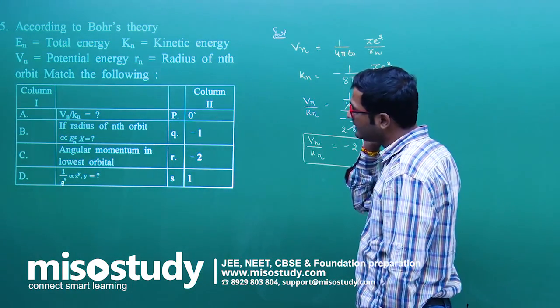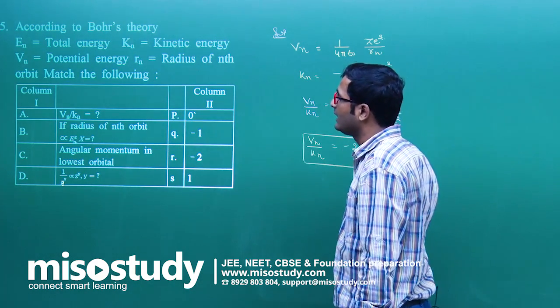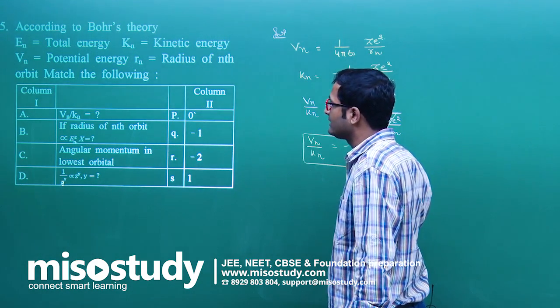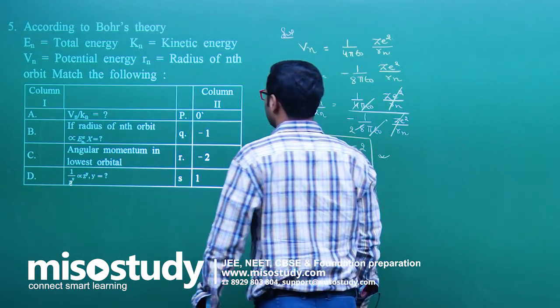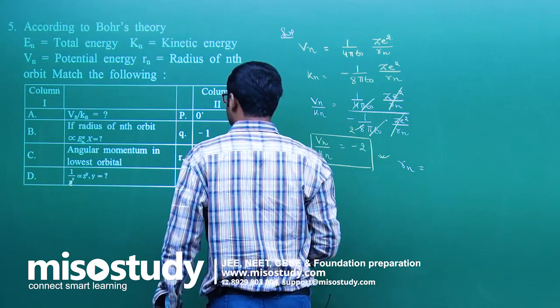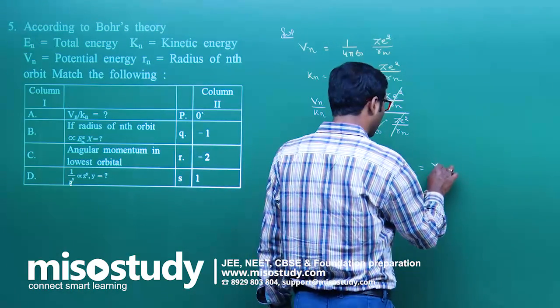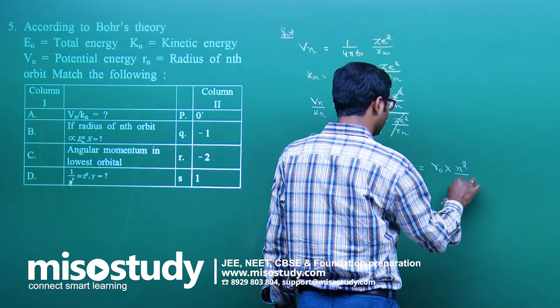What is x here? Radius of the nth orbit, that is Rn. Rn is equal to, we know, R naught into n square upon Z.